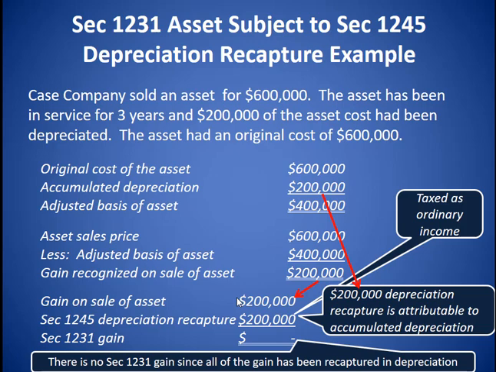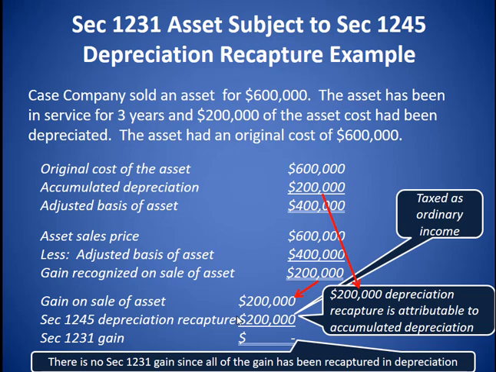The first thing we do is attribute $200,000 of that gain to Section 1245 depreciation recapture. That $200,000 depreciation recapture is attributable to the accumulated depreciation that we've already taken our tax deduction for. That portion of the gain will be reported as ordinary income.